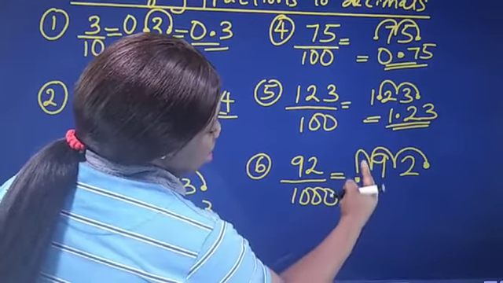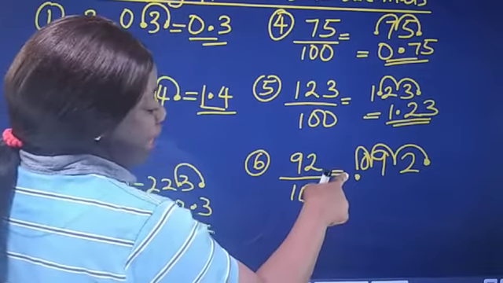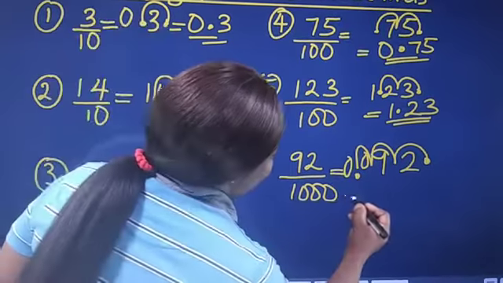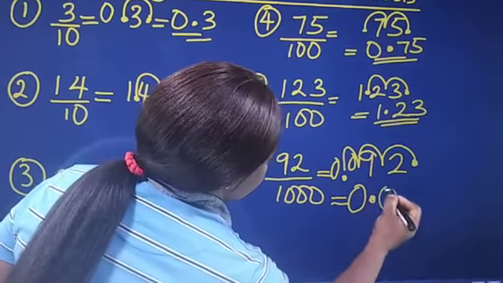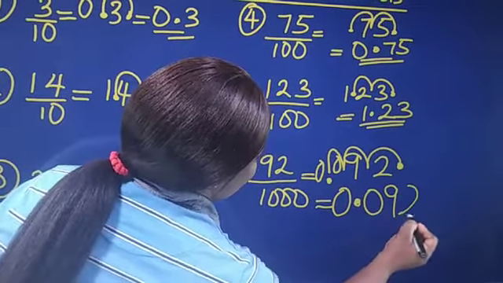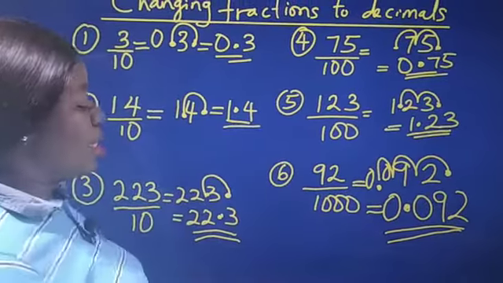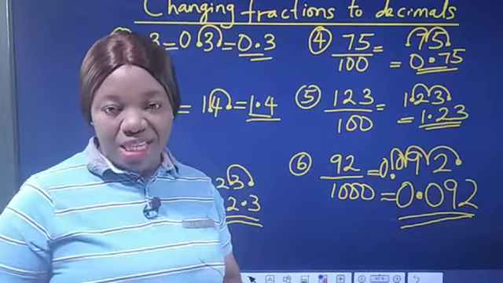The empty space you're seeing here will be filled with 0. Then to your left, there is no number. Introduce a 0. So the answer is equal to 0.092. So anytime you count, and while you're counting, you have empty spaces, fill up the empty spaces with 0.